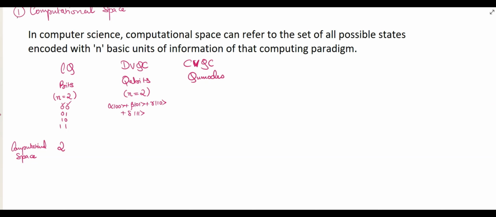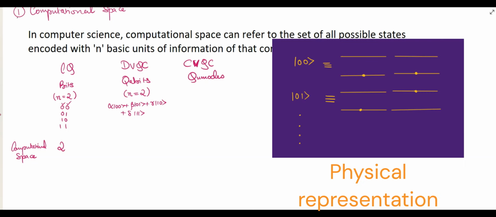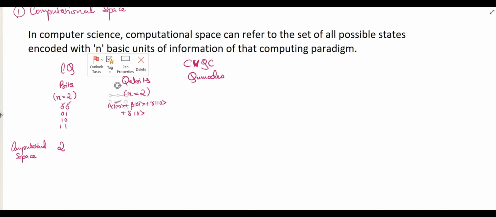Four possible states I can represent simultaneously. Here, in the classical case, I was able to represent two possible states simultaneously. In the discrete variable case, I can represent four possible states simultaneously with two qubits. So let's say the computational space here is equal to 4.